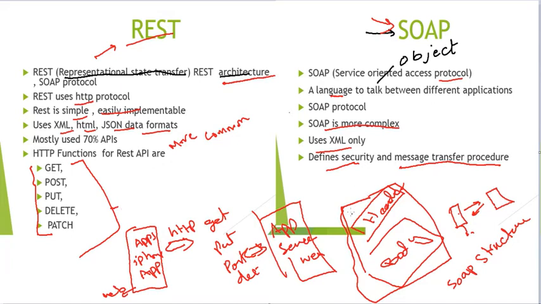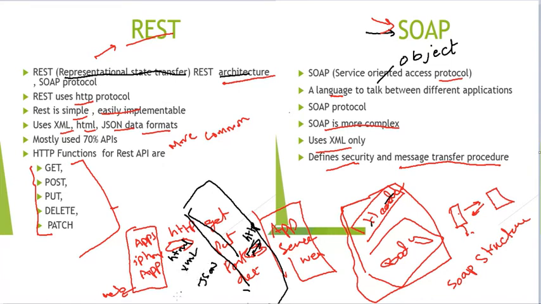So on this side, because REST uses the HTTP protocol, you will have the communication. These are HTTP functions that are used as HTTP methods, and the data format can be HTML, XML, or JSON.